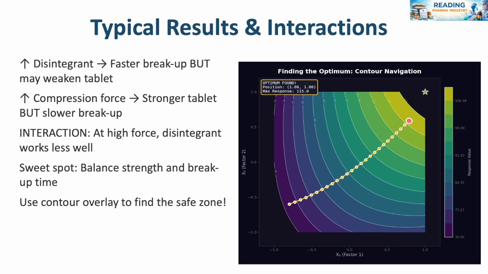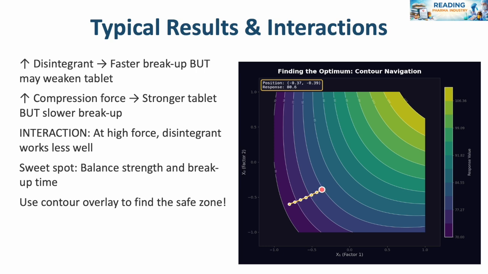For example, increasing the disintegrant is expected to cause faster breaking up of the tablet, or disintegration, followed by dissolution, but at the same time that may make the tablet weaker. If you increase the compression force, you get a stronger tablet, but slower to disintegrate and dissolve. Then there is the interaction between those two independent variables. At high force, the disintegrant works less well, so there should be a kind of sweet spot, where we balance strength and disintegration time.